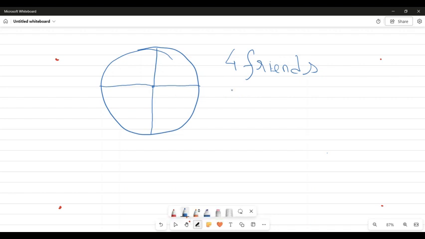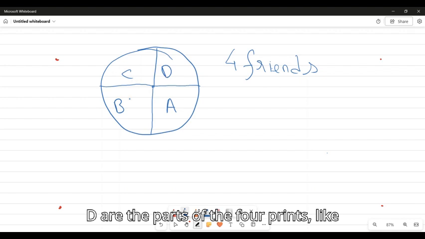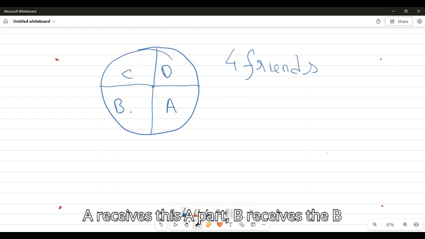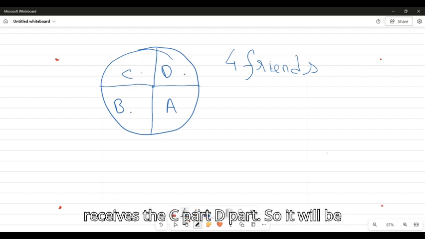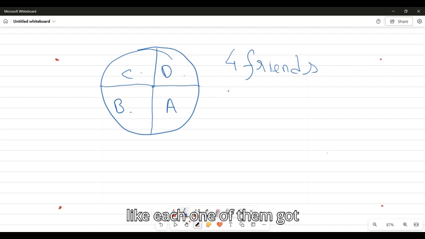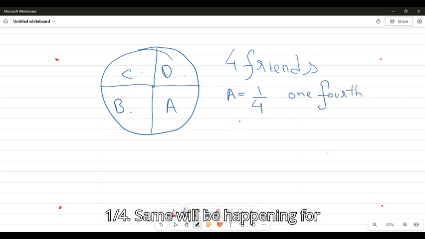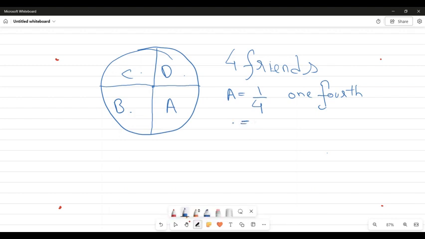Now if A, B, C, and D are the parts of the four friends, A receives the A part, B receives the B part, C receives the C part, and D receives the D part. So each one of them got one fourth of the pizza. Same will be happening for B, C, and D.